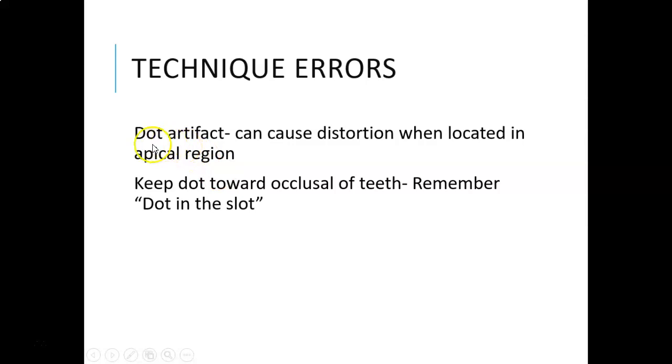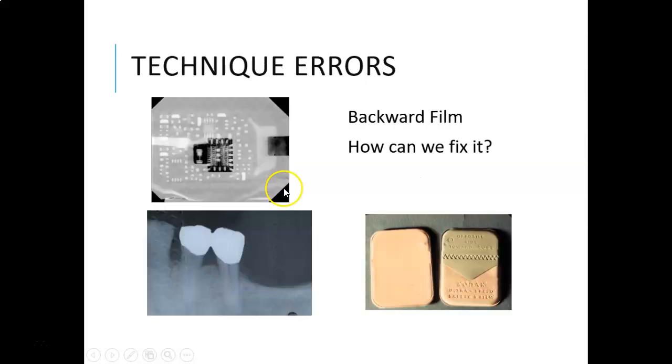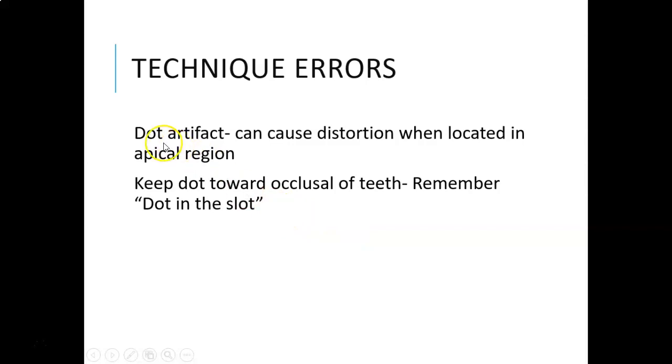Okay, other errors, the dot artifact. If we look at this little dot, this is a convex dot that you can actually feel. It's raised on the film. If that dot is in the apical region of a tooth, someone might think that is some kind of pathology. They might think that that's an abscess. So they say the dot in the slot, because the slot, as this is talking more about traditional film, is the area closest to the occlusal surface or the biting surface.